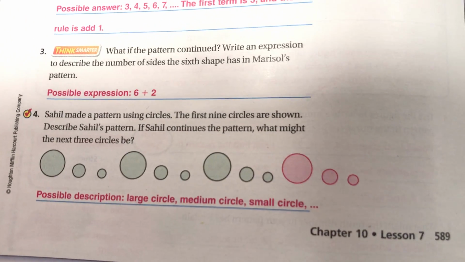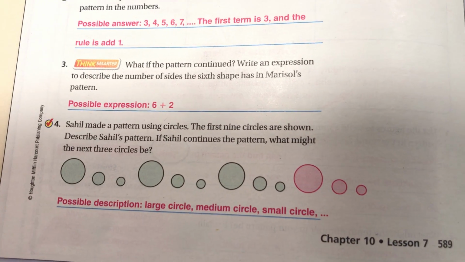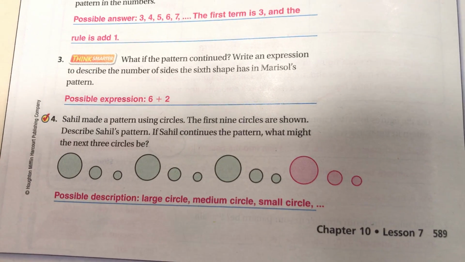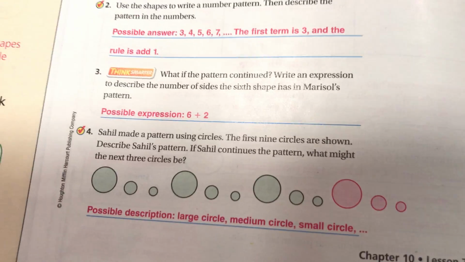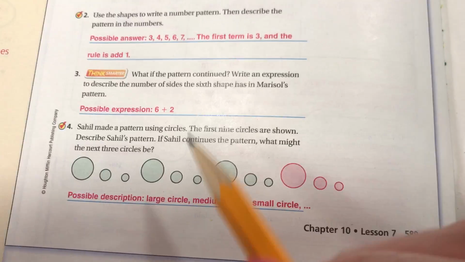All right, guys, welcome back. Here's the answers on page 589 for number 3 and 4. 4 is a pretty easy one, I thought. 3, you just have to add 2.